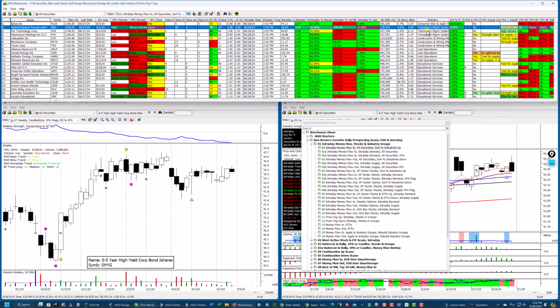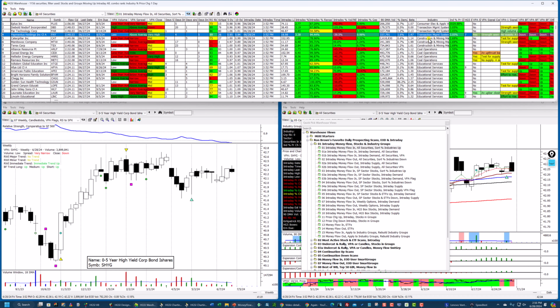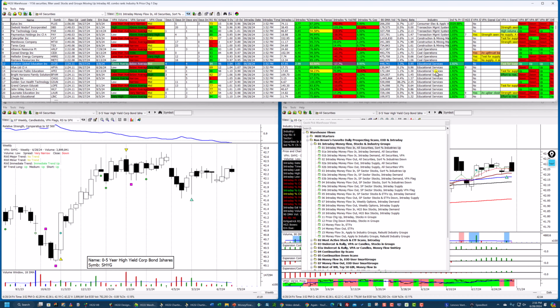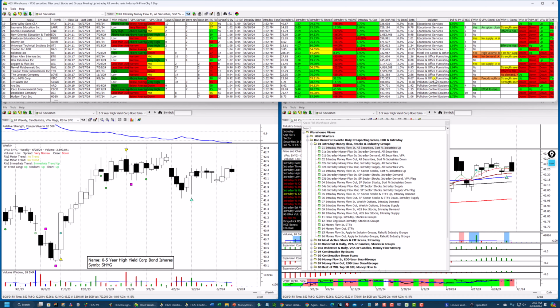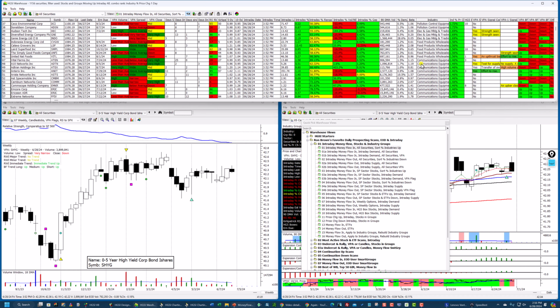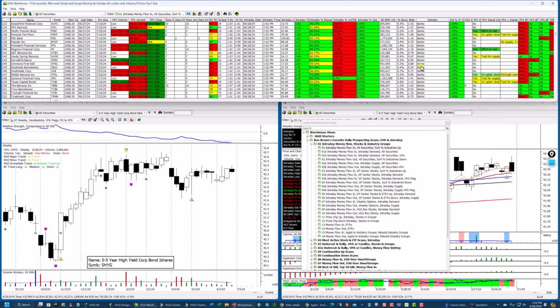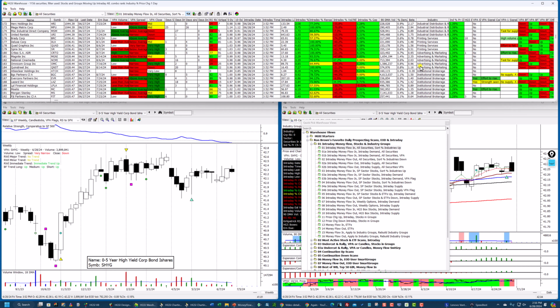But transaction management systems, number 2, construction and mining, coal operations, educational services, home offices, furnishings, and so on. Now banks were strong earlier today. Looks like they still are.